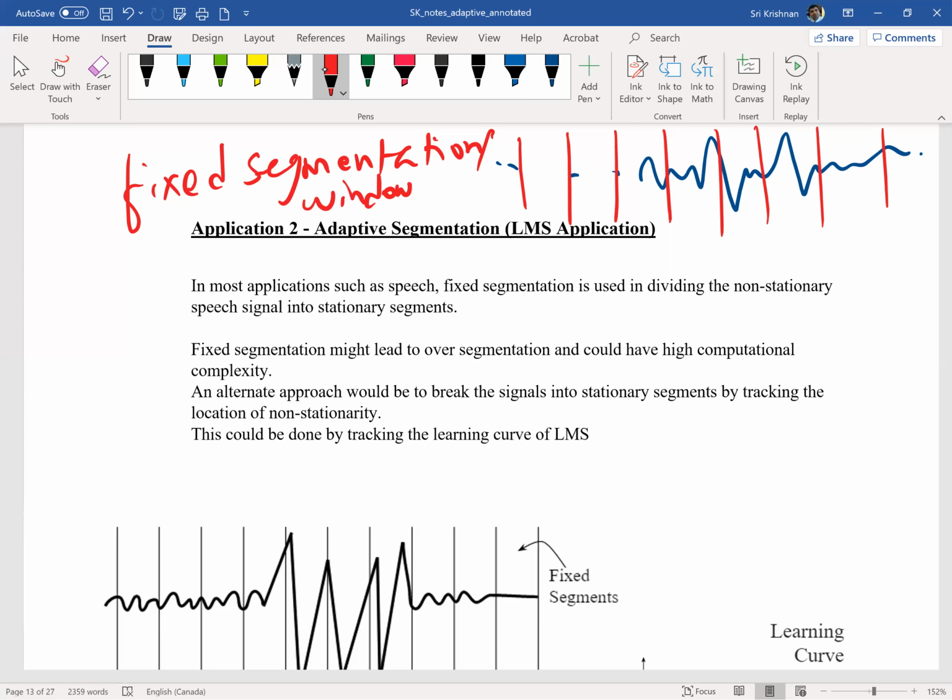That's where we could get away with a smarter way, an adaptive segmentation process. In other words, just dividing the signal wherever there is an event of interest. This adaptive segmentation is very commonly used, as I indicated, in a lot of longer-term wearable-based signal processing applications. Now, how could we do that?